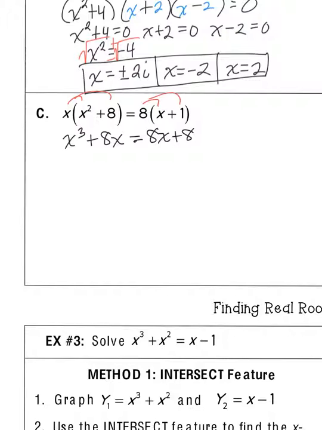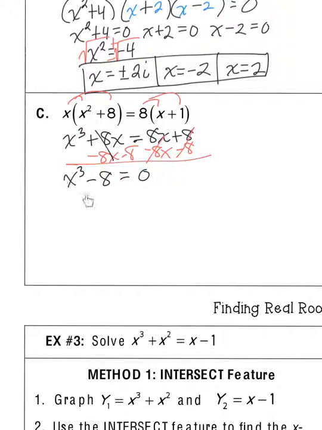And so then we have a problem that's very similar to example 1, part B. And so I want to move everything to where my highest degree term is. So I'm going to subtract an 8x, and I'm going to subtract an 8 from both sides. So I end up with x cubed. These are going to cancel, and then minus 8 equals 0.